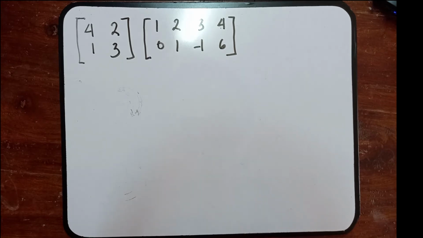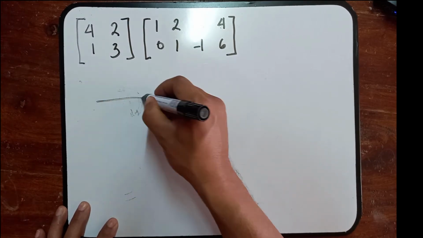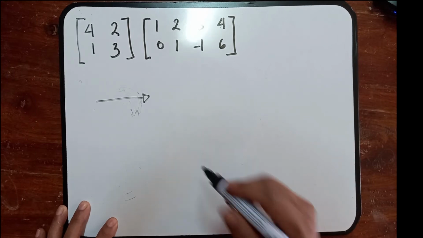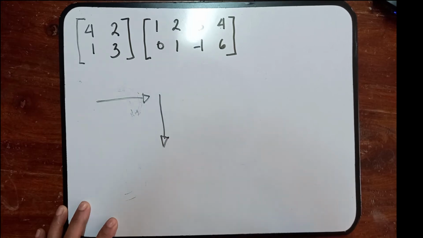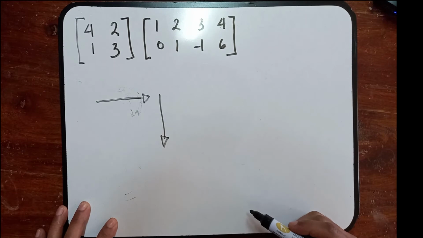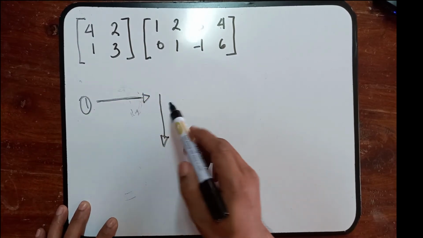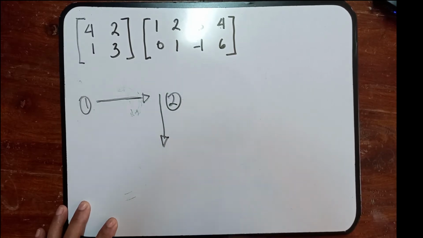There is a pattern that you must follow: you go from left to right and then from top to bottom. This is the pattern of multiplying matrices.